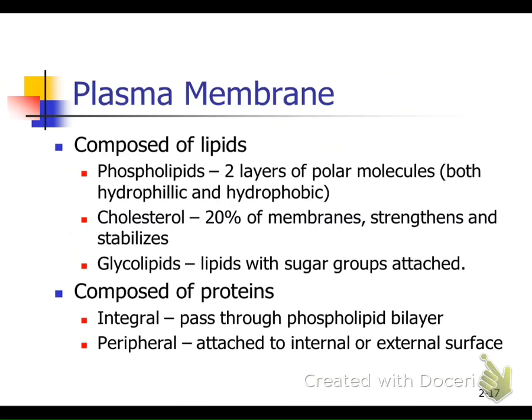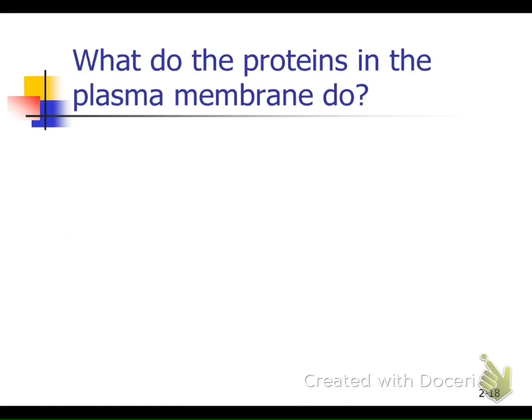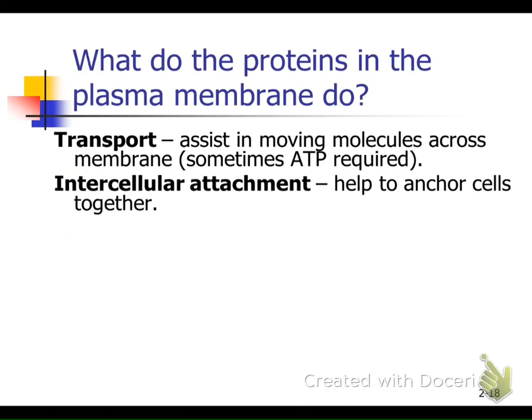Or some proteins are peripheral, that is, they're attached either to the inner or to the outer layer. So they would be hanging on one side or the other, but they would not be visible from both sides of the membrane. So let's take a look at a better picture in a moment, and also let's describe what these proteins are doing in the plasma membrane.